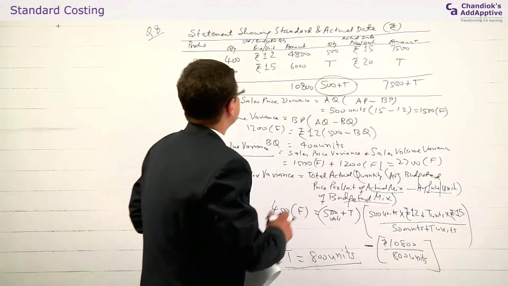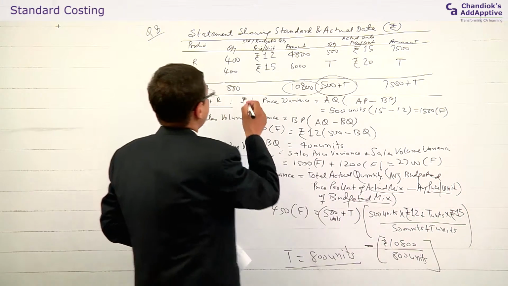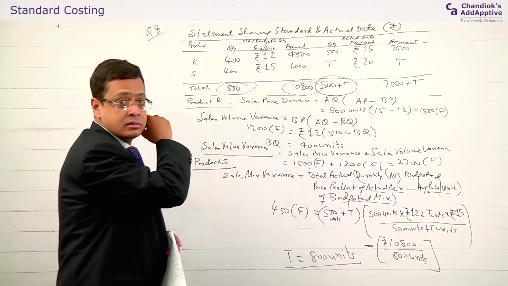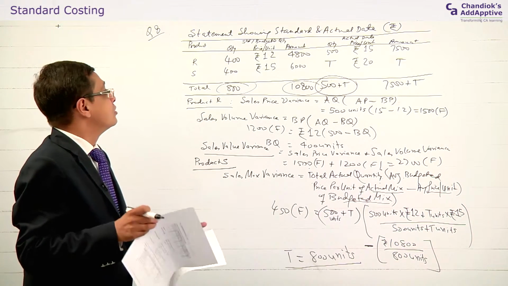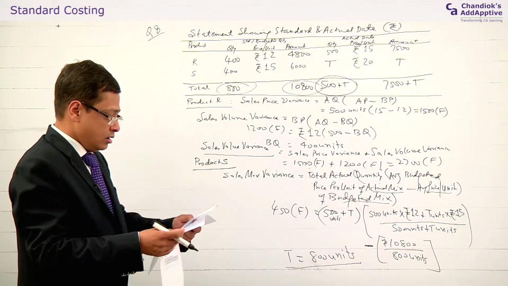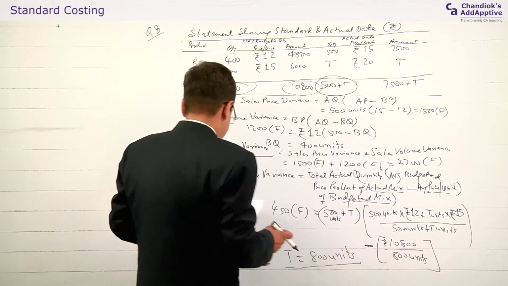The budgeted mix is 10,800, right? The number of corresponding units is 800. So, if you solve, T becomes 800 units. So, you have got the result.